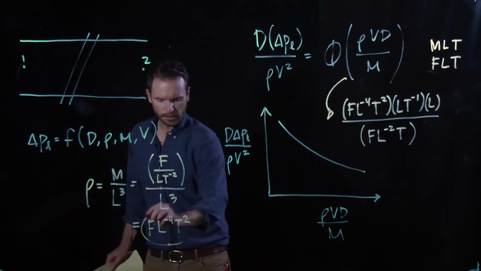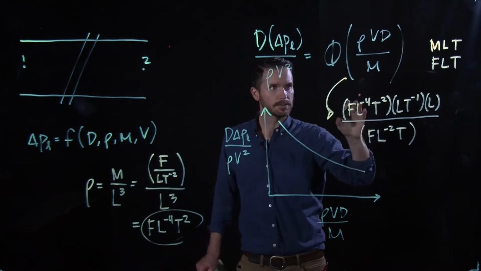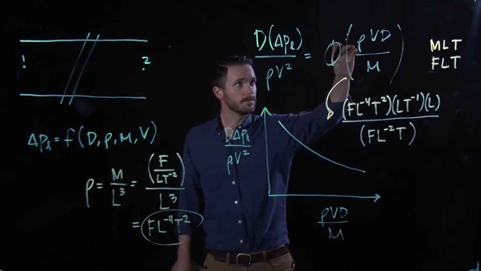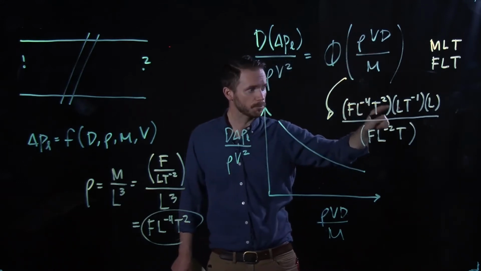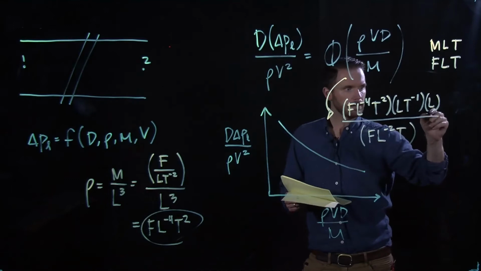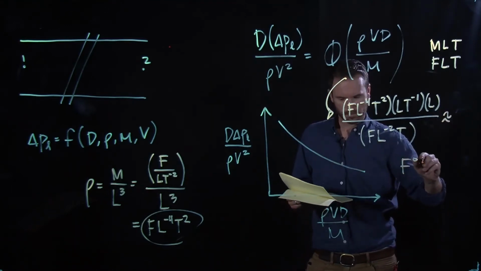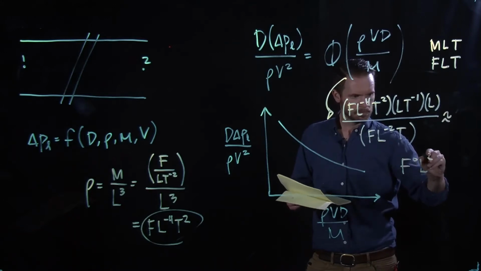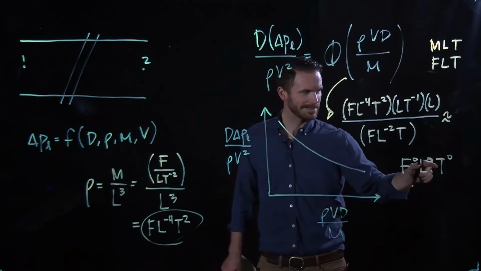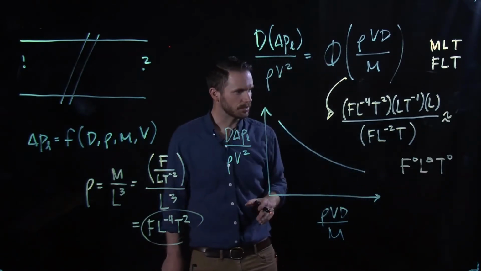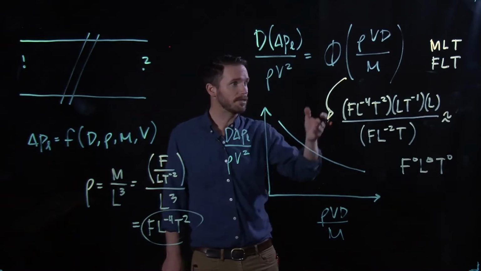And so this term here is exactly what I have here, right? So for each of these variables, I've looked at the basic dimensions that can describe them. And if I go through this math, it shows that force, length, and time each cancel out so that we have a dimensionless parameter.